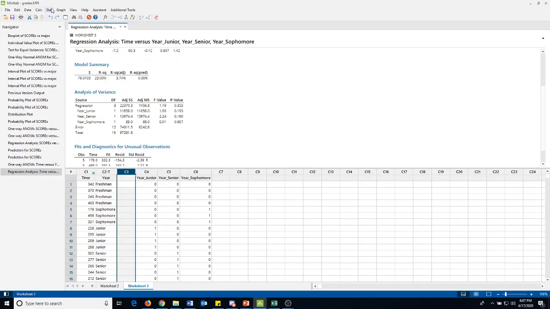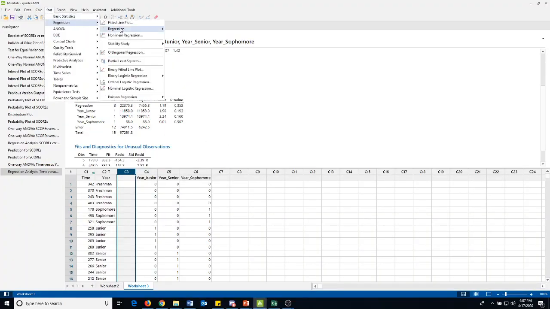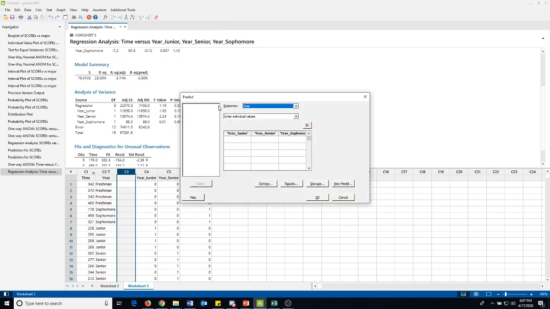Again, I've already run this, so I could do a prediction. Let's do the freshman first for a confidence interval or prediction interval. Let's do the sophomore second, and the juniors third. I guess we'll get the picture after that.